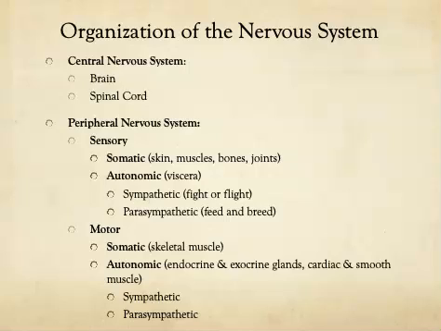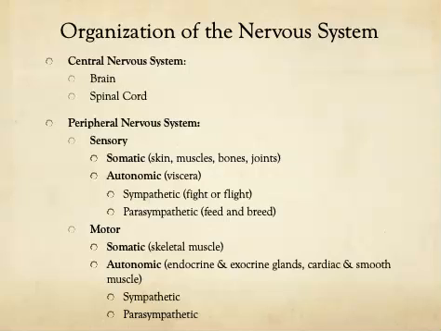Now, if you look at the motor system, again, the efferent side, the effect side, signals coming out of the central nervous system being carried along motor nerves to elicit some kind of effect. That too can be broken down into somatic and autonomic, and within the autonomic, sympathetic and parasympathetic.